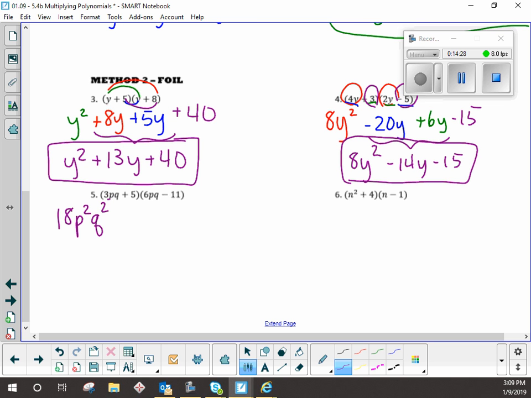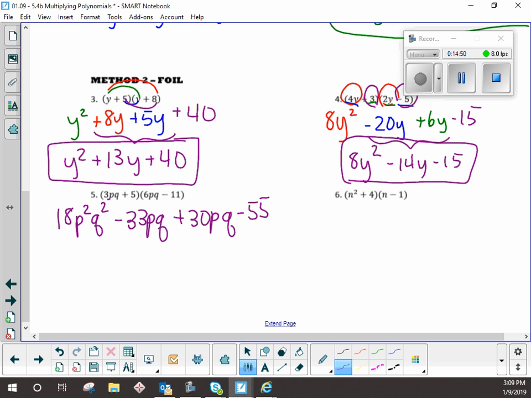The outside terms, what's 3 times negative 11? PQ, right? You just tack it on at the end. The inside terms, what's 5 times 6? 30 PQ. And the last terms, 5 times negative 11? Negative 55.